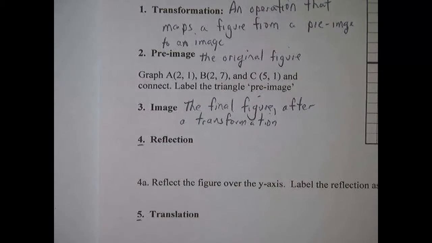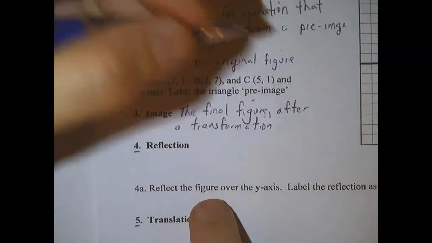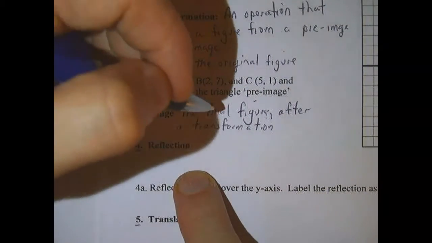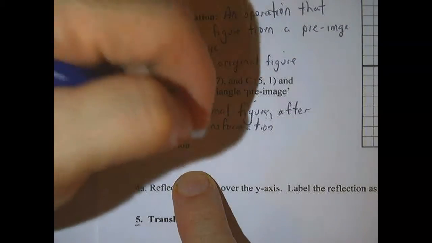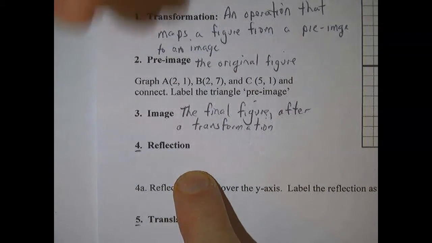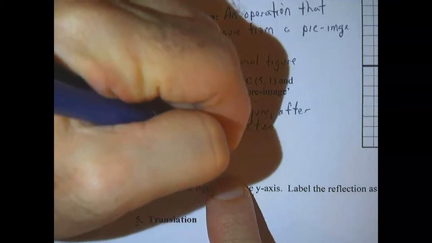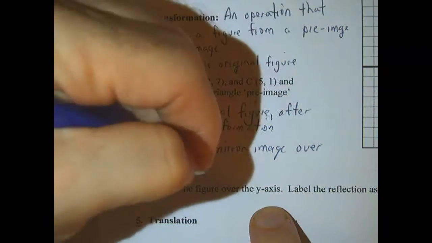Okay, now a reflection we've already talked about, and I'm just going to say here that it's a mirror image. There's lots of ways to define it. Before we called it a flip over a line of reflection. This time we're going to say pretty much the same thing with different words. It's a mirror image over a line of symmetry.